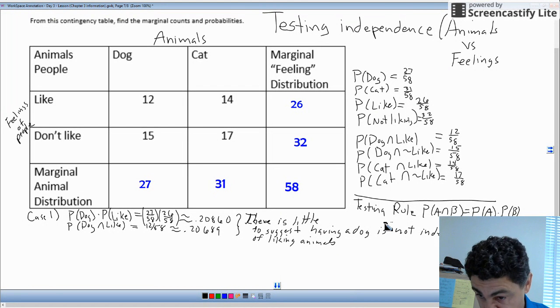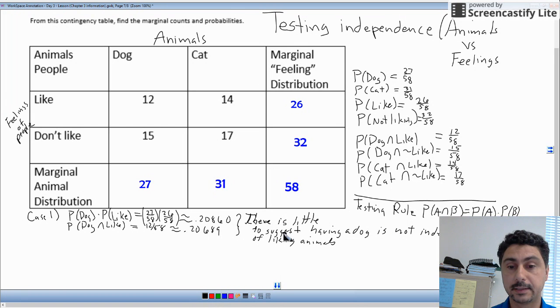Okay, to be specific here, I want to be not just liking animals. In this particular case, I'm going to say liking a dog, because I'm focused on liking dogs right now and not liking.